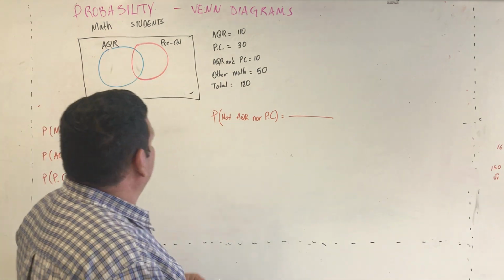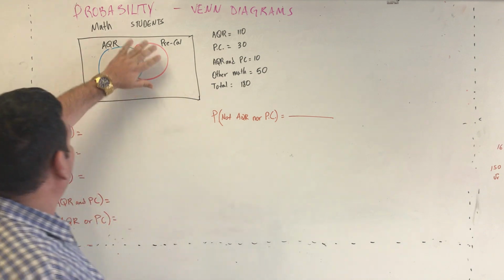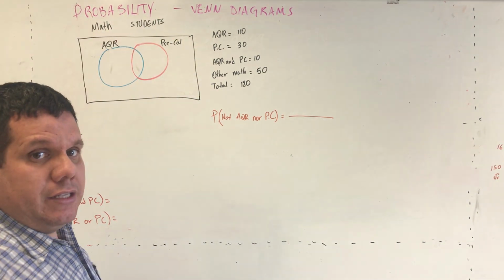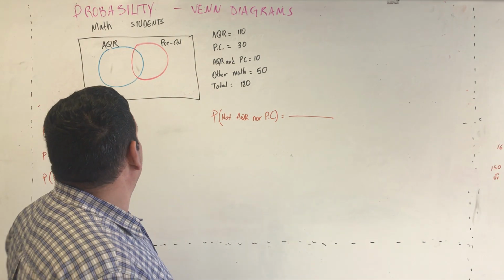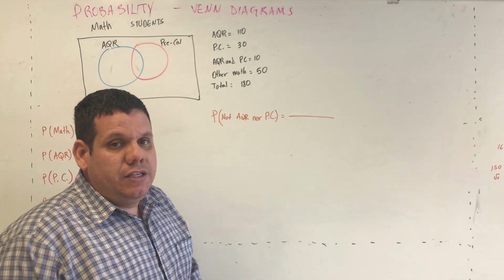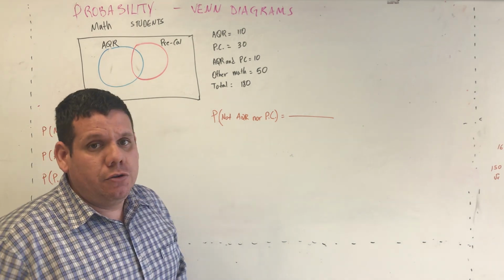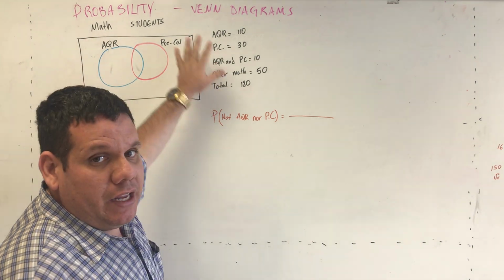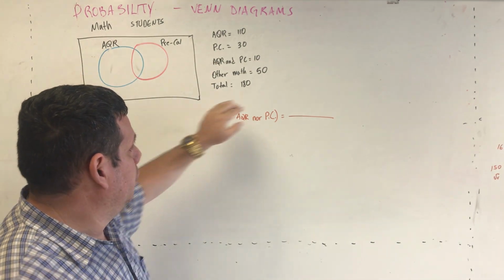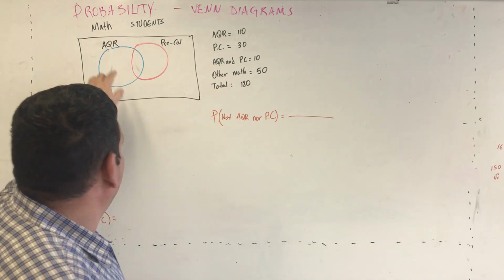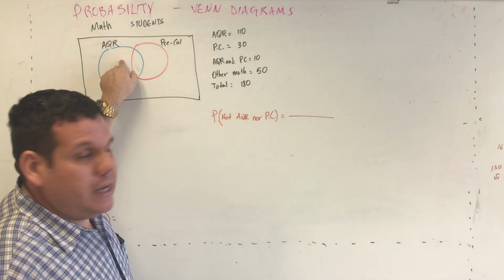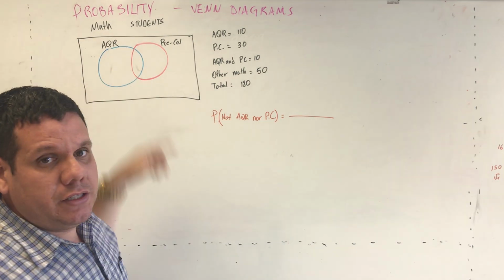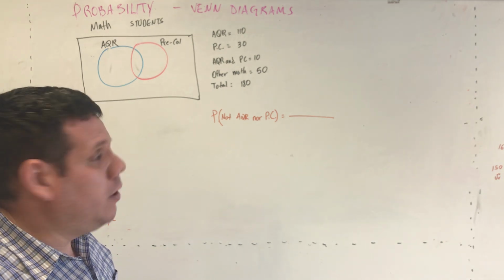And the first thing is that all this rectangle represents my quantity or amount of math students, which is 180. That means that all the values that are right here, the addition should be 180, okay? The first circle or the first set, the blue one, represents the students that are taking AQR.